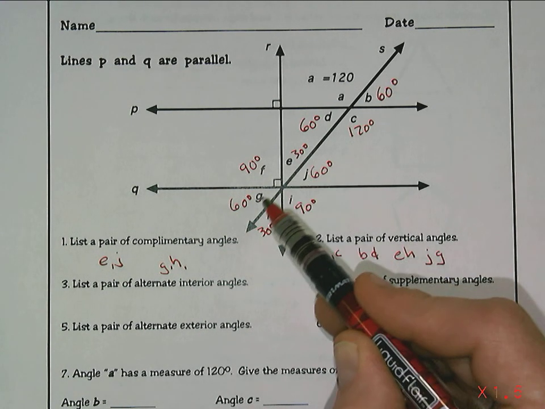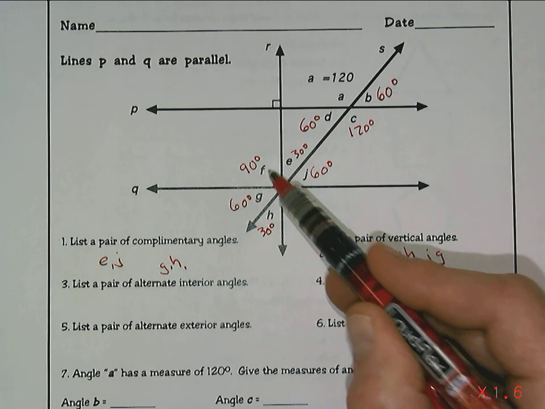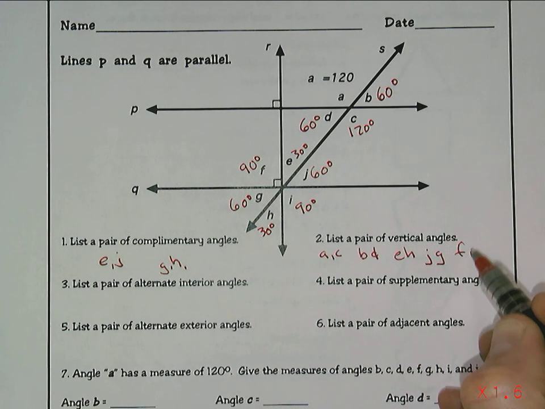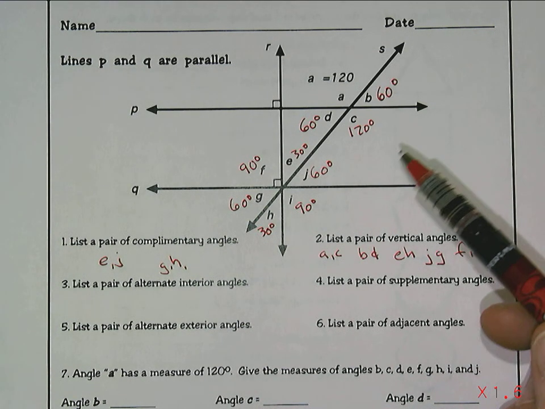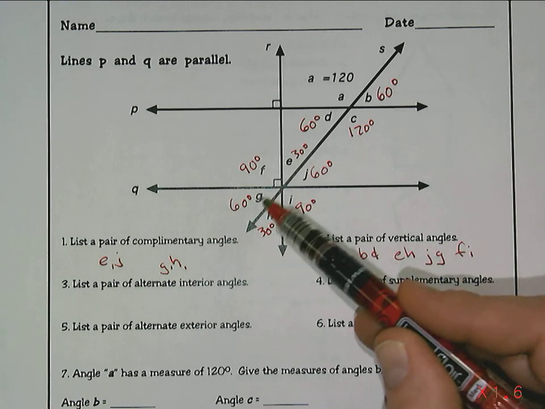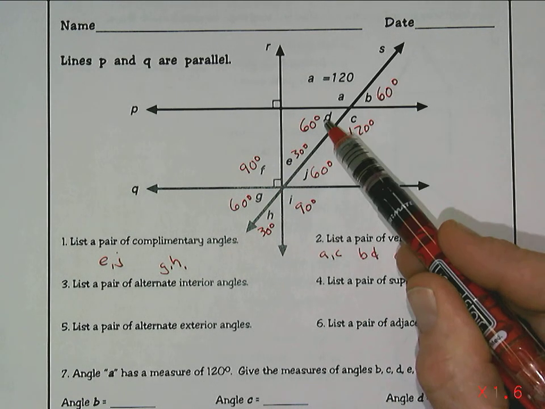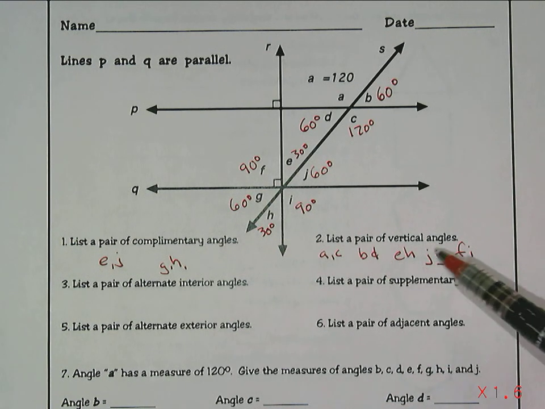So any angle that's across from another angle where two lines cross is a vertical angle, and F and I are vertical angles. And I think that's all the pairs of vertical angles. There's three sets down here, 1, 2, 3, and then 1, 2 up there. So I should have 5 sets, 1, 2, 3, 4, 5 sets of vertical angles.